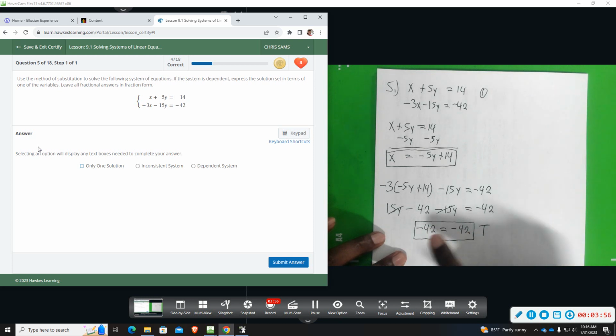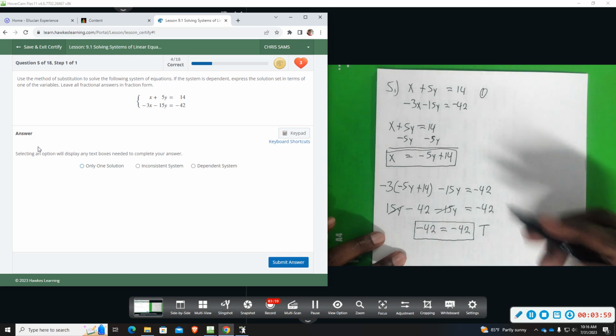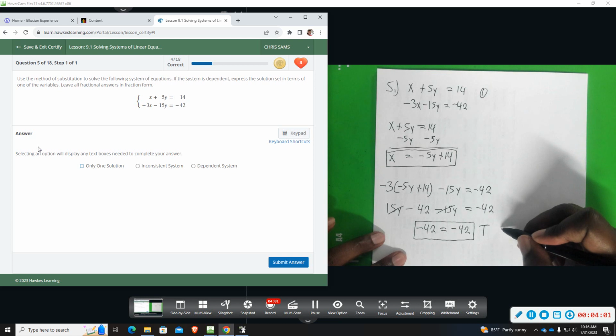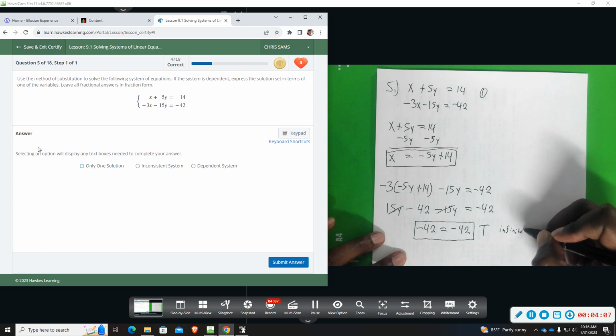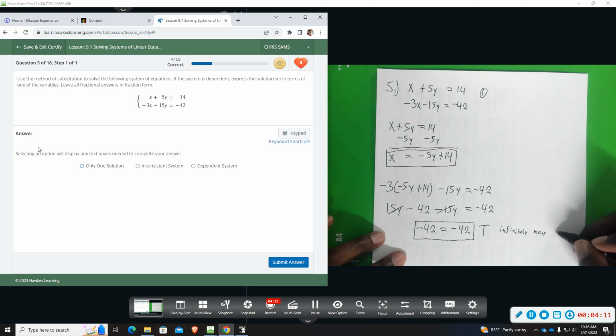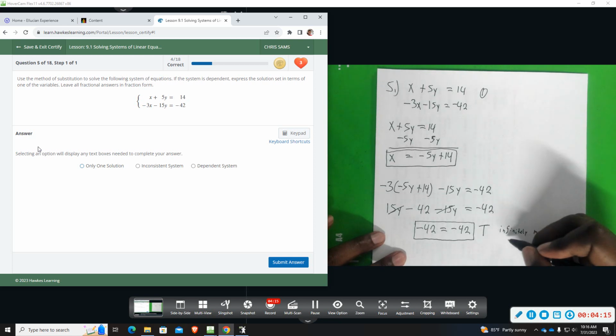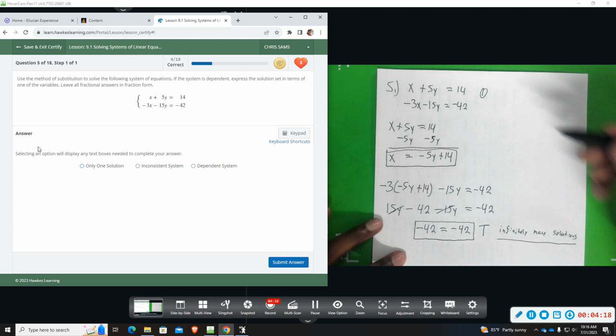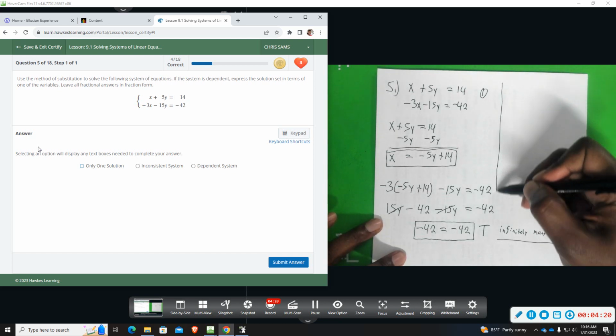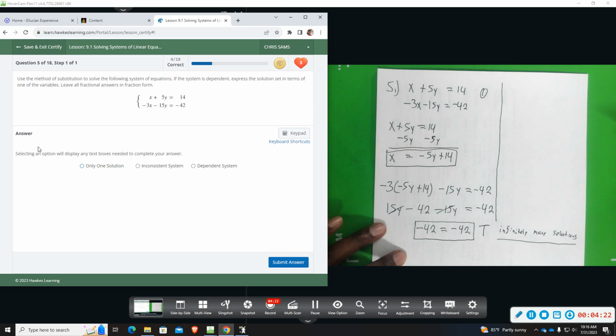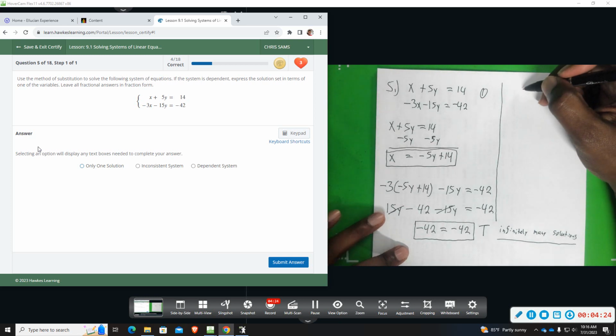These are the same line, same equation, infinitely many solutions. Okay, infinitely many solutions. Now, likewise, you could have done this with elimination, and you would see just about the same thing.